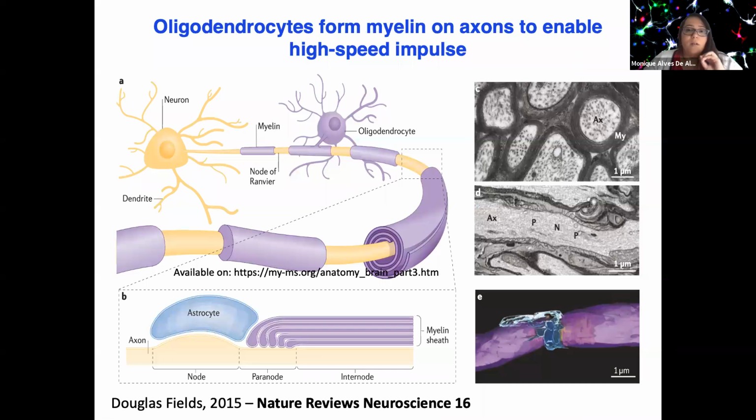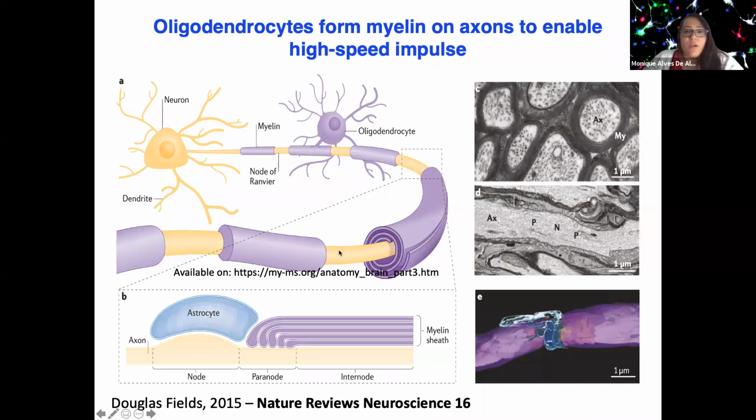So oligodendrocytes form myelin on axons to enable high-speed impulse transmission via saltatory conduction from one node of Ranvier to another, increasing the velocity of the action potential.